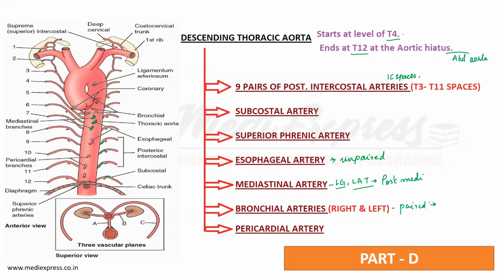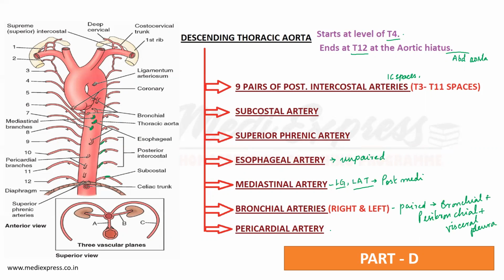It arises from the lateral part and supplies the bronchial and peribronchial tissue, plus the visceral pleura. These are the 3 things which it supplies.